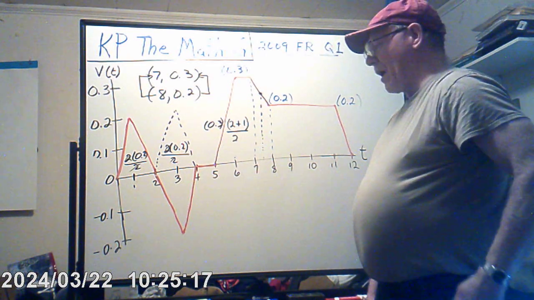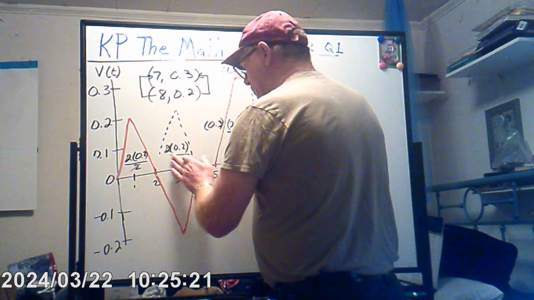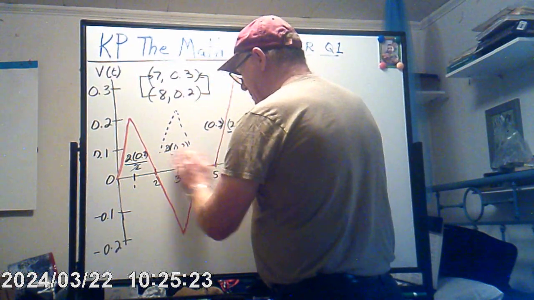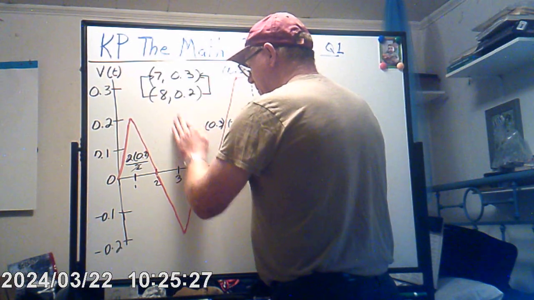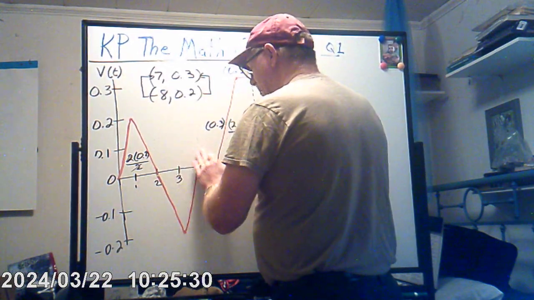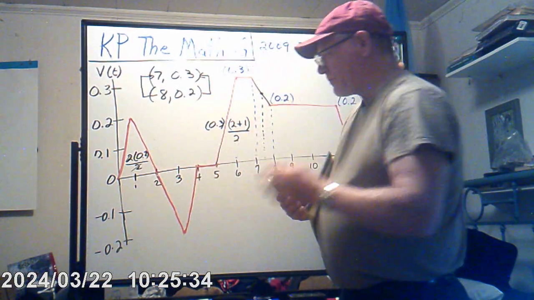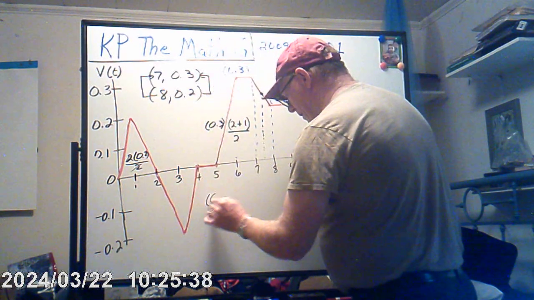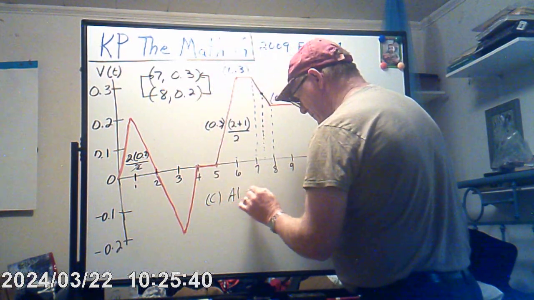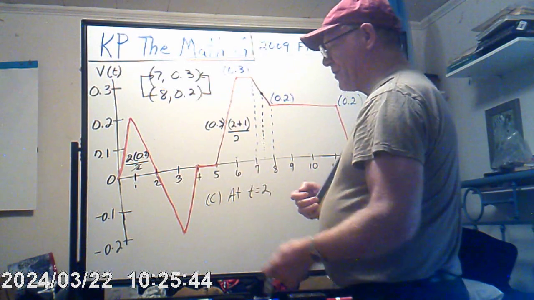What would you think, even intuitively, would be the time t that she says, oh, I forgot my book, and she returns home to get it? Yeah, right there. That's t equals 2. So C part, at t equals 2 she returns home to get her book.